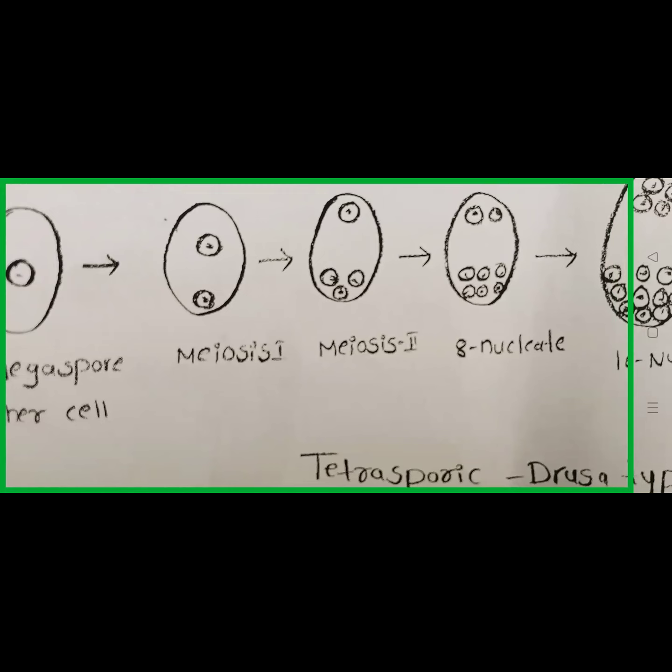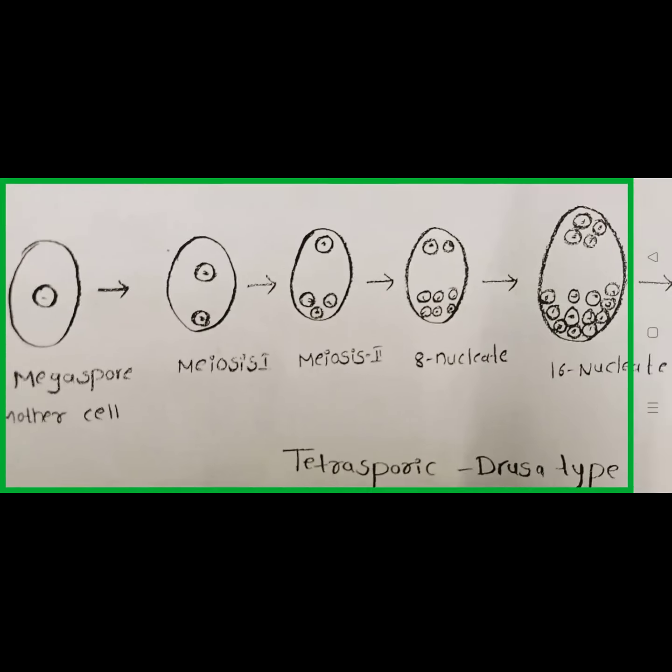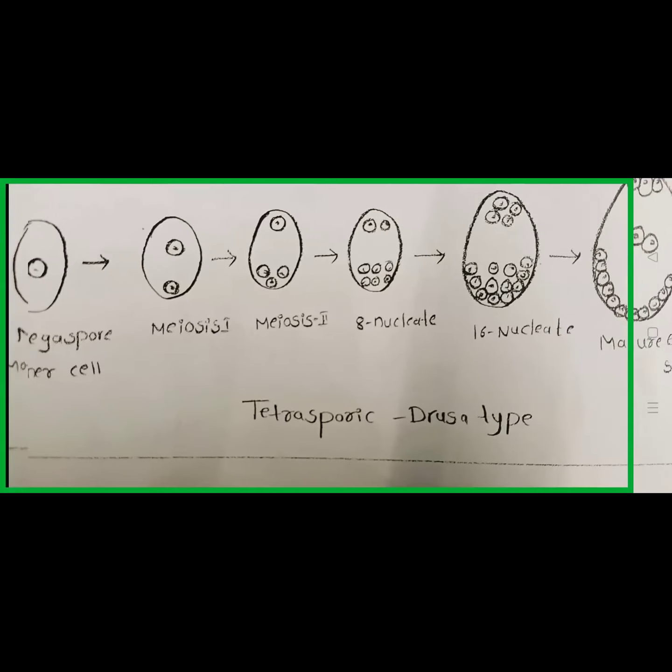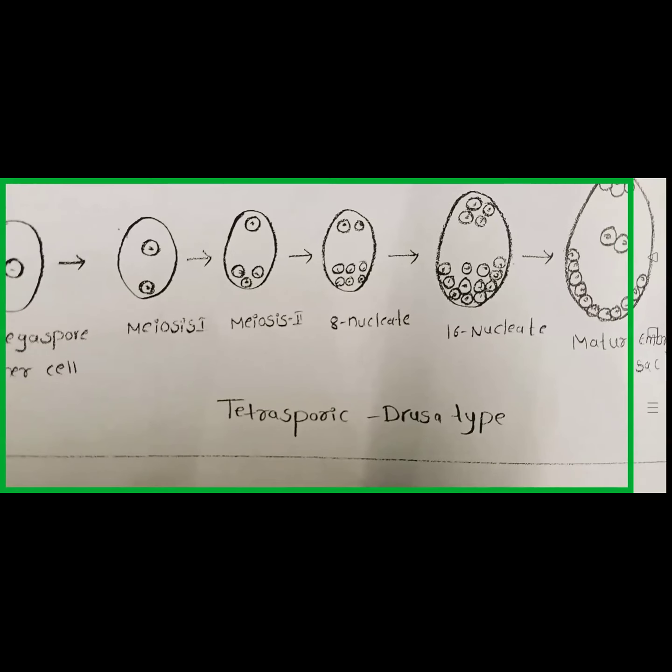In Peperomia and Pinia, 4 and 4 nuclei are present, but the arrangement is different in the Drusa type. 3 are at the chalazal end and 1 is at the micropylar end. So 1 nucleus is located at the micropylar end and 3 at the chalazal end.